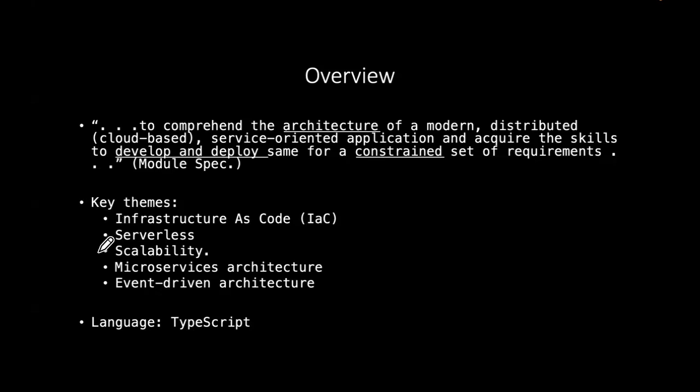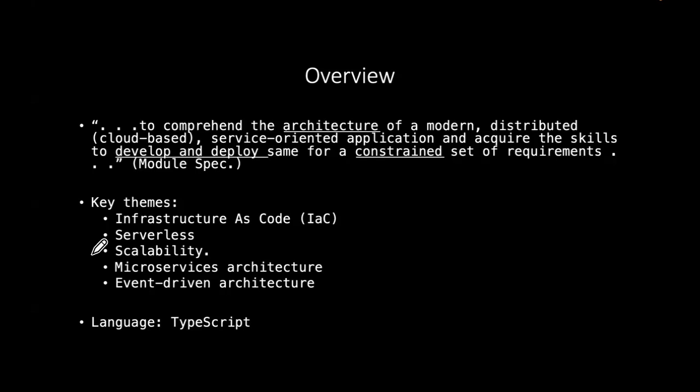Whenever you're talking about distributed applications, you need to be conscious of scalability. Scalability here refers to the ability of your deployed application to handle spikes in traffic. So if there is a spike in demand for your application, can your application scale up and respond to that spike in demand?